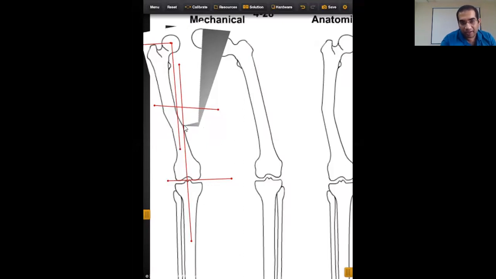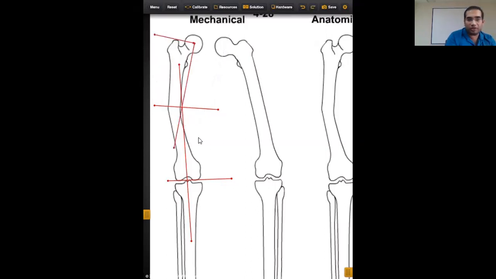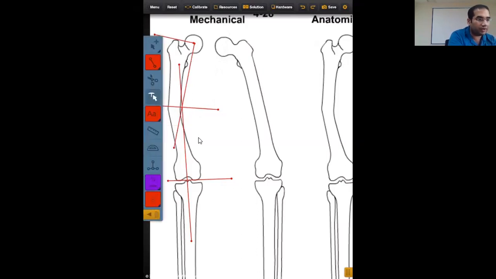And you can see there is no translation because my hinge was over the osteotomy. So there is no translation. Okay. This is a rule 3 osteotomy, and this is a not-to-do osteotomy. You never do a rule 3 osteotomy.